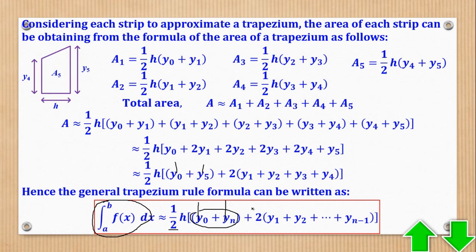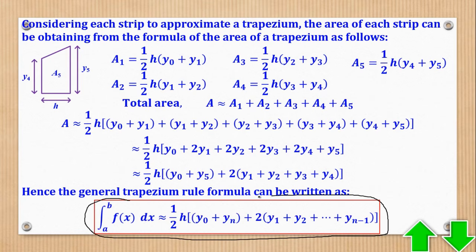Then plus 2 multiplied by the sum of the intermediate ordinates, as you can see here, y1, y2, y3 and y4, which were the intermediate ordinates. Intermediate means those ones which were in between. So this is the formula which will be very much used in this question.